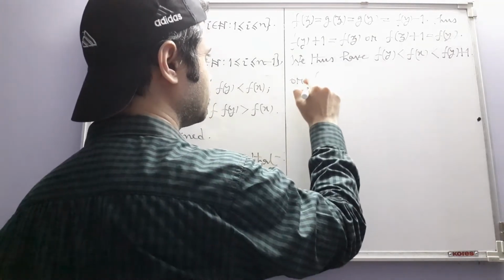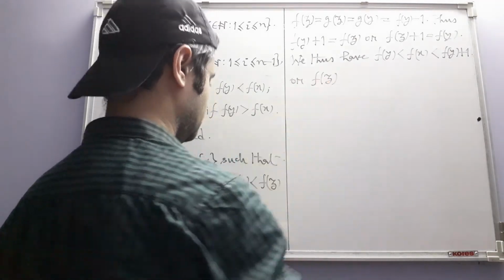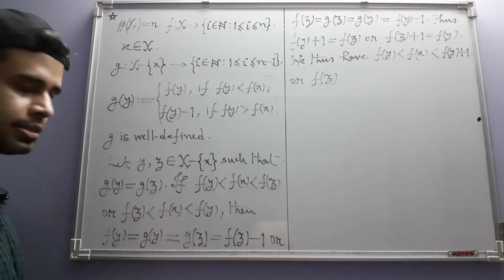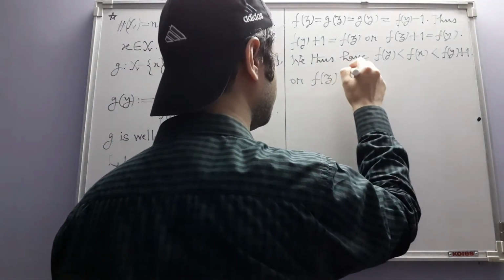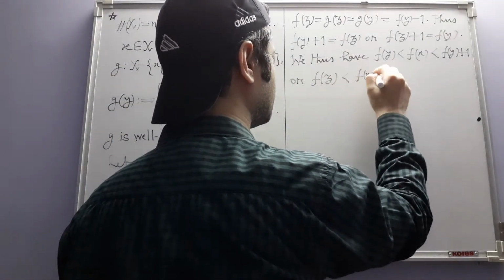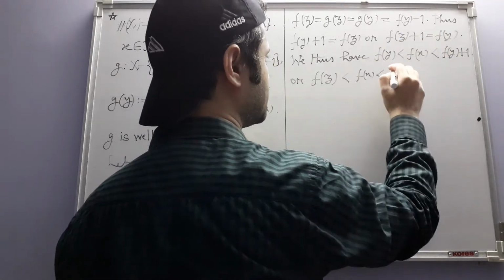Just like that, from here we get f of z less than f of x is less than f of y, but now f of y is f of z plus 1.